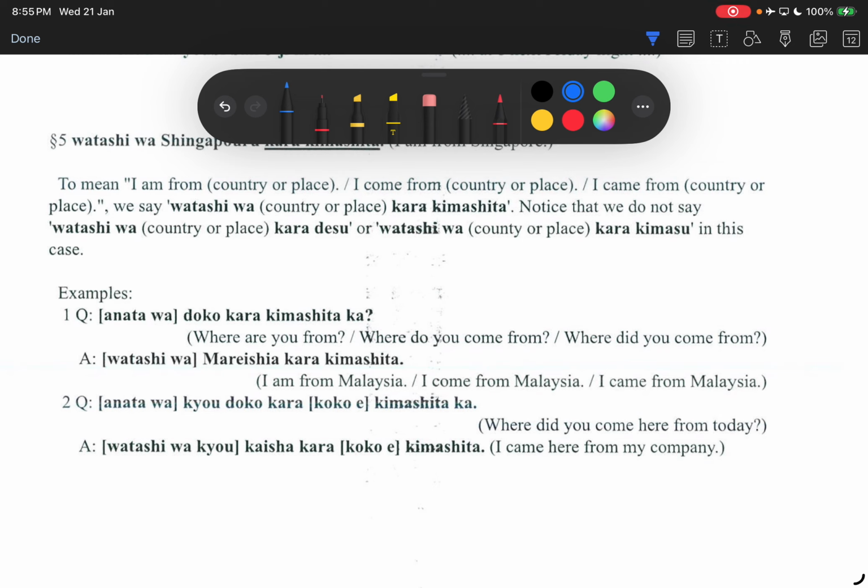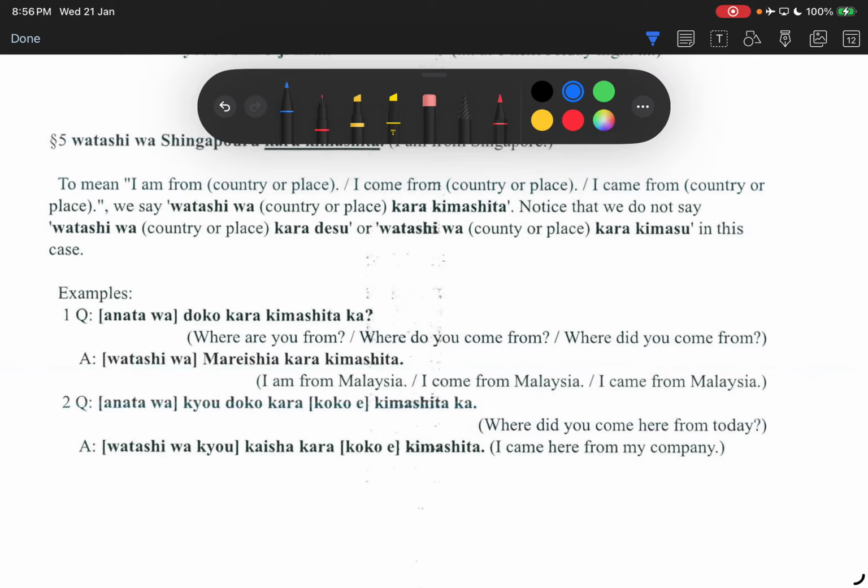We learned before already actually in lesson 2. こっち、そっち、あっち。こちら、そちら、あちら。どちら。Right? どちら is which. So どちら国から来ましたか? So if you want to use which country also can. So from which country did you come? But most of the time we will ask like where country you come from. I mean in English it sounds weird, but in Japanese where country you come from is normal. Right? Like where country you come from, like where you come from.